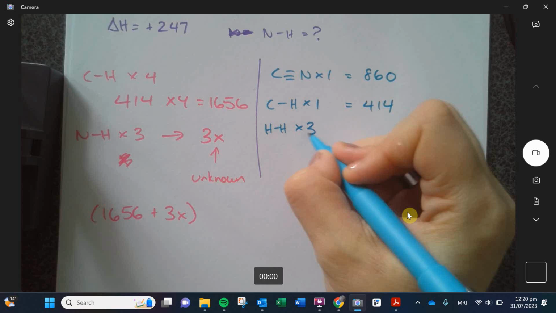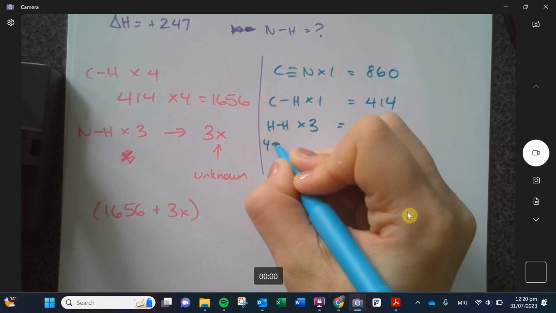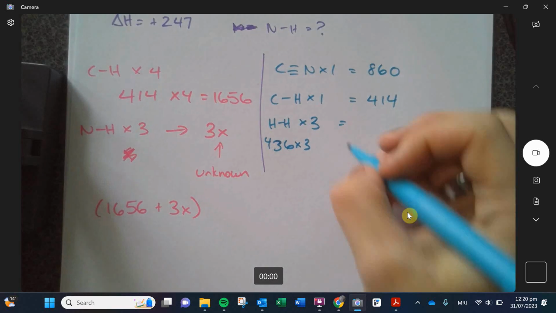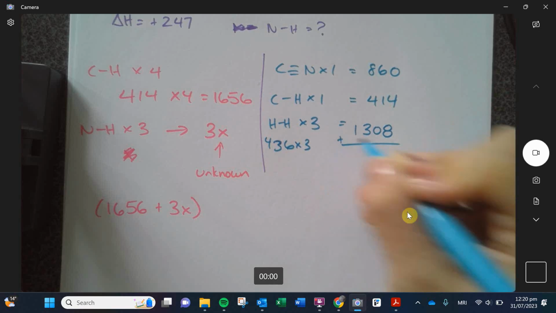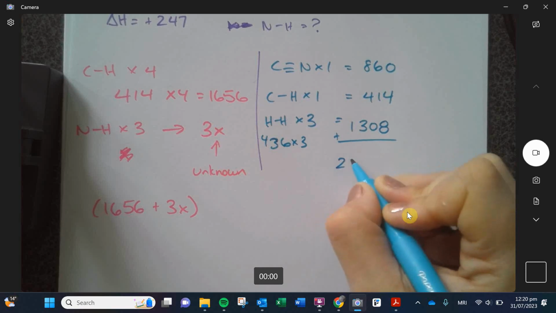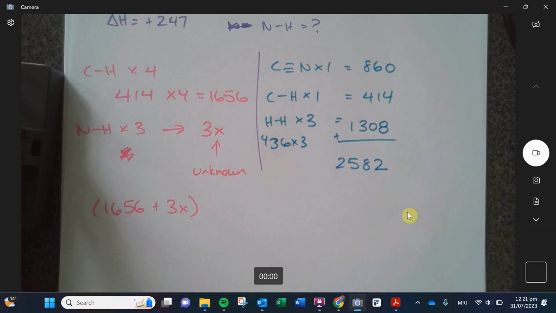So I times that by 3. So that's 436 times 3. So that's 1308. And then we add all those numbers together. So on this side, I have 2582. All right. We okay with that?